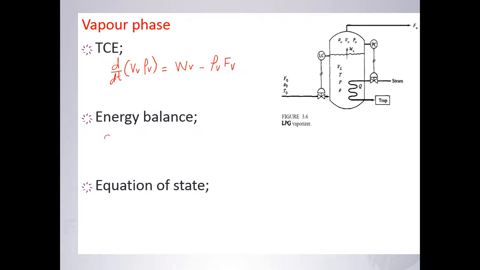The energy balance, d(VV rho V UV)/dt equals WV HL minus rho V FV HV. Then the next one is the equation of state. It's rho V equals M PV over R TV.